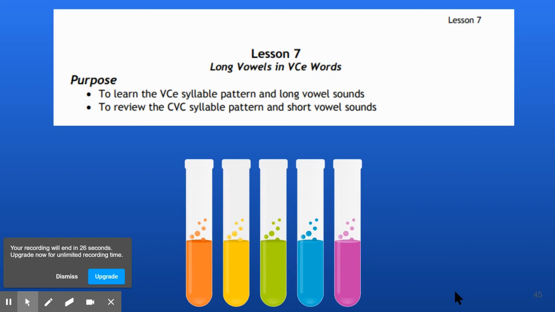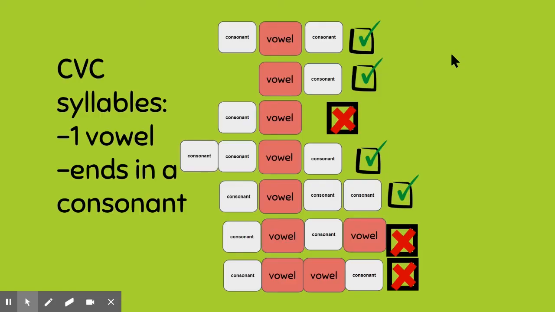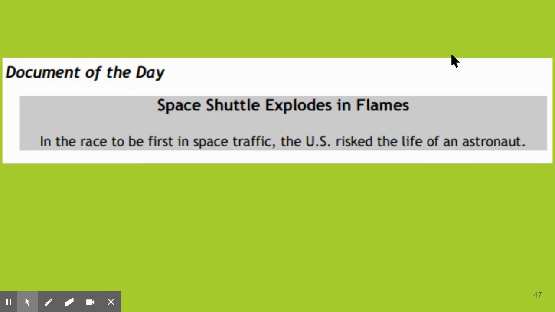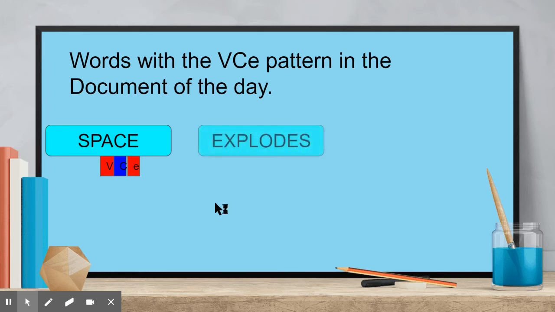And then the last thing that we will get to this week is VCE words. So we'll talk about the consonant vowel consonant pattern, and then we'll compare it to some of the words that might be in a short document of the day like this. So we see the word space, we say, well, that ends in an E. That's that silent E. That's that VCE pattern. That's going to give me the long vowel, right?